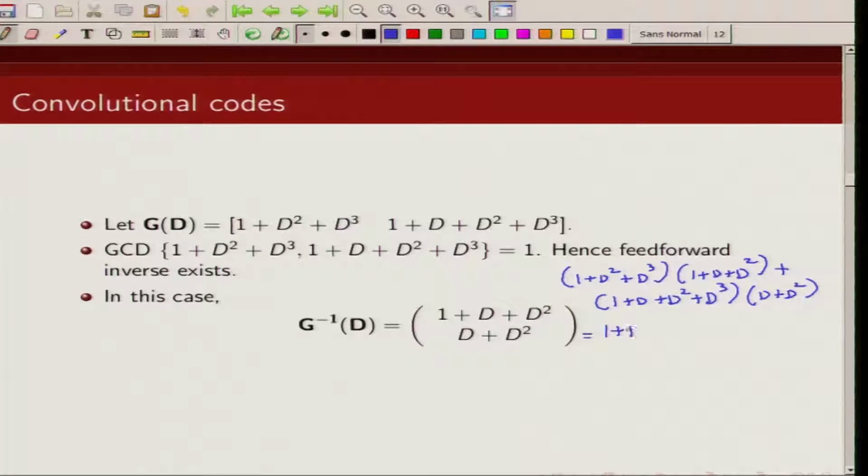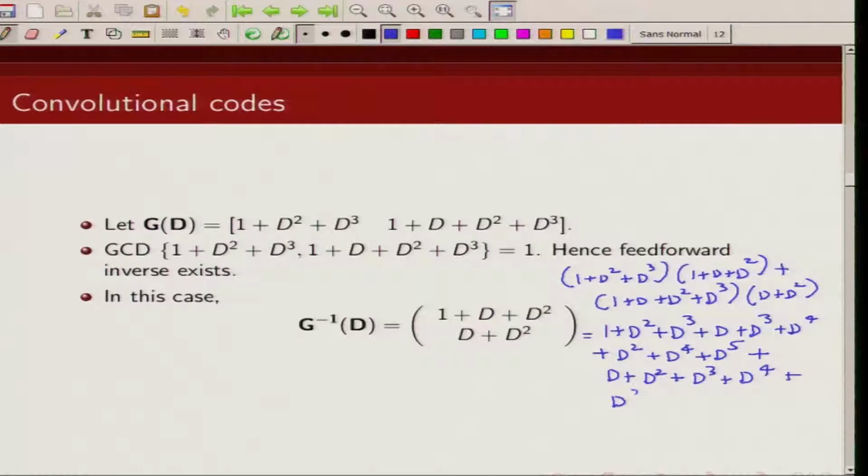This is 1 + D^2 + D^3 + D·D^3 + D^4 + D^2·D^4 + D^5, and then multiplying the other terms, we get plus D·D^2 + D^3 + D^4 + D^2 + D^3 + D^4 + D^5.